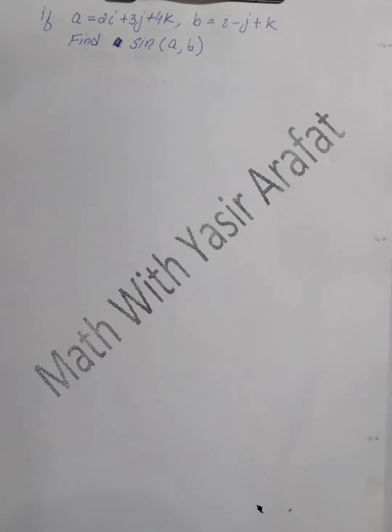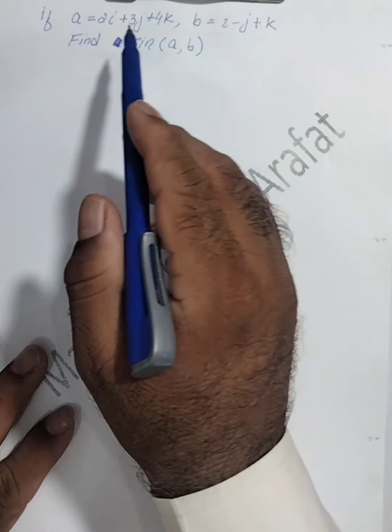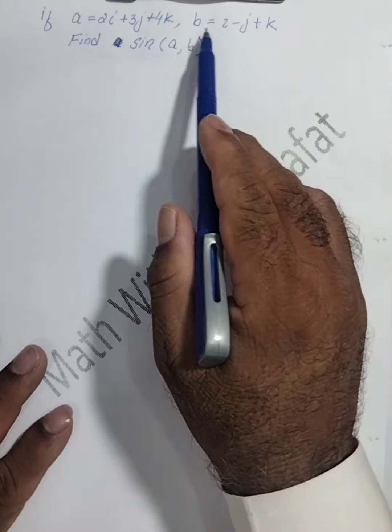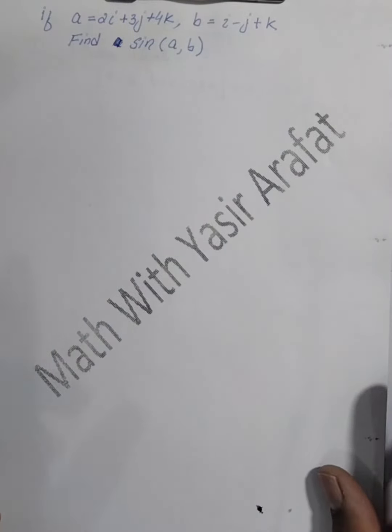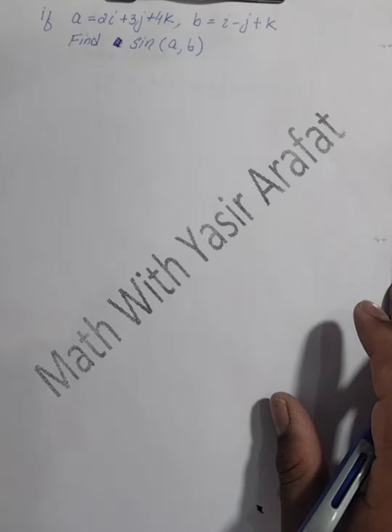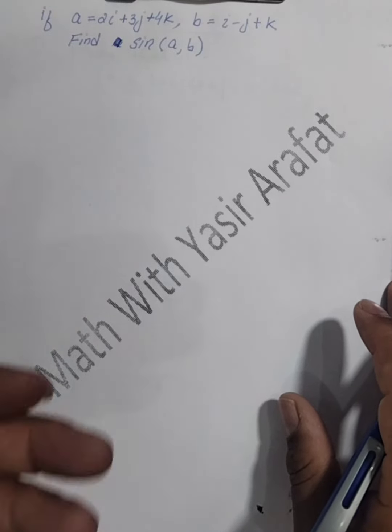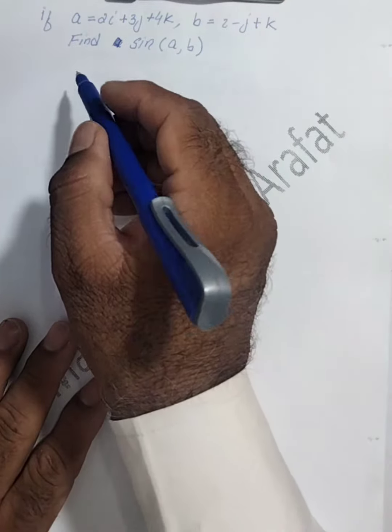Now come to another important and most repeated question here of the same chapter. The vector A is given and the vector B is given, and we have to find out the sine A comma B. In the previous question we had to find out the cos u comma v, the name of the vector, whatever the vector is given.